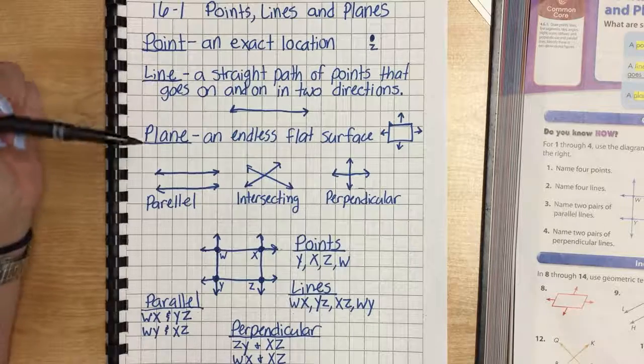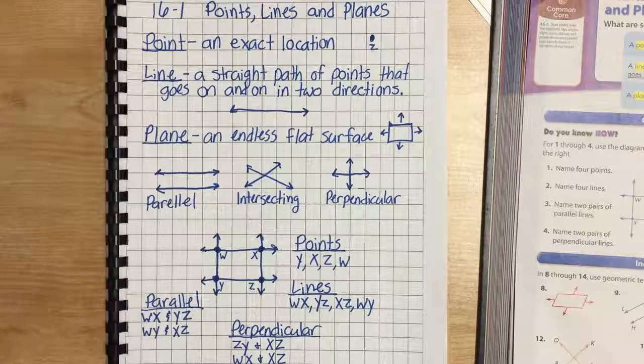If I were to describe the dry erase board here with the lines on it, I would describe those lines to be parallel. They're never going to meet. What about my border? What would I describe my border to be with that top line? Yeah, they'd be perpendicular because it's going straight down.